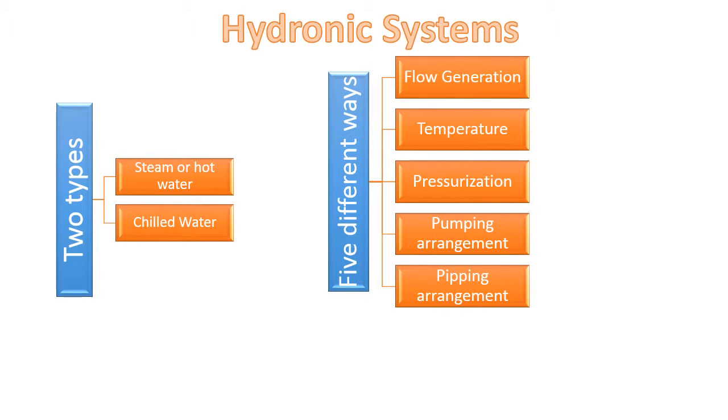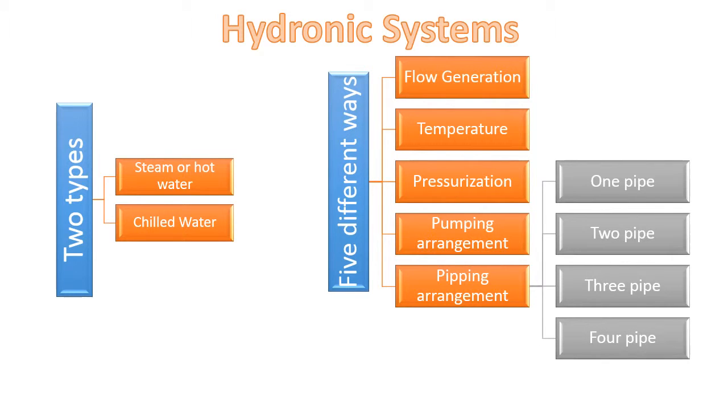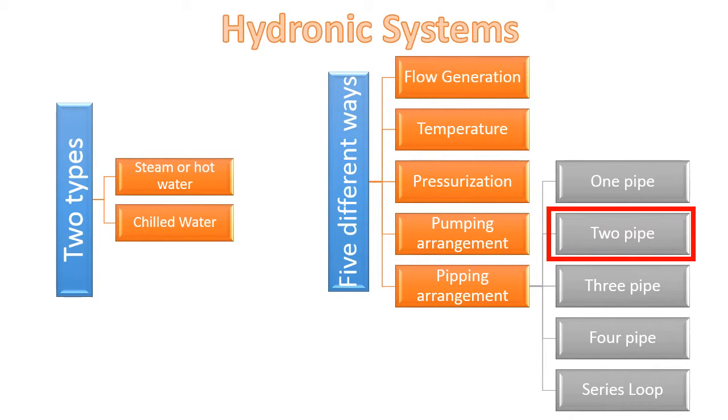This can also be classified in one-pipe, two-pipe, three-pipe, four-pipe, and a series loop. For this experiment, we will be focusing only on the two-pipe steam, the direct and reverse return.